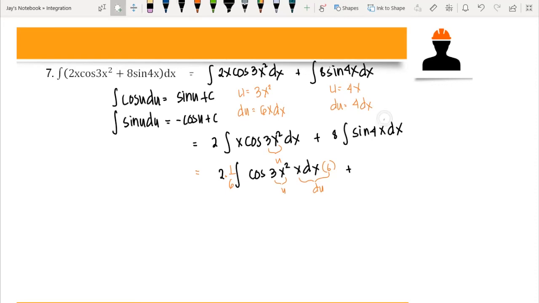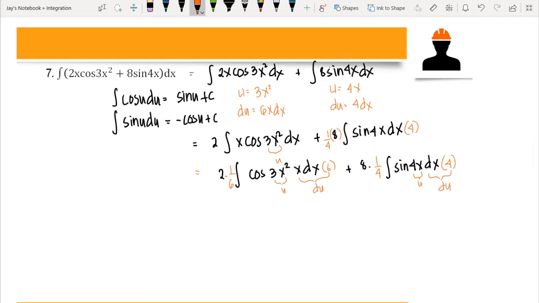Since our du in the second term is 4 dx, we only have dx inside the integration. Then we need to multiply by 4 inside the integration and 1/4 outside. So we have 8 times 1/4, then the integration of sine 4x dx, then the multiplier 4.